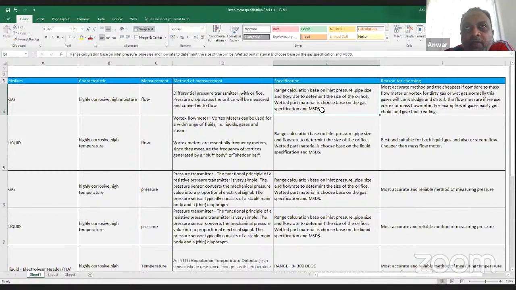If the chlorine has very high temperature and very high moisture, then highly corrosion resistant materials such as titanium or tantalum will be used in the instrumentation system or the piping design system, so that it can last throughout the life cycle of the plant.